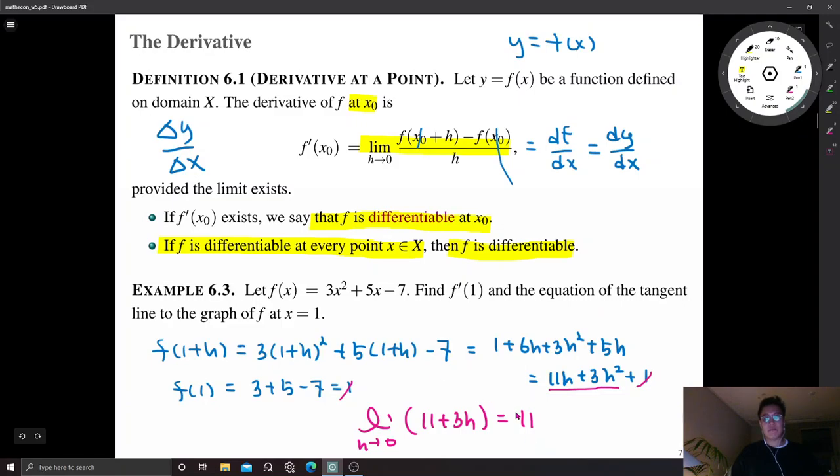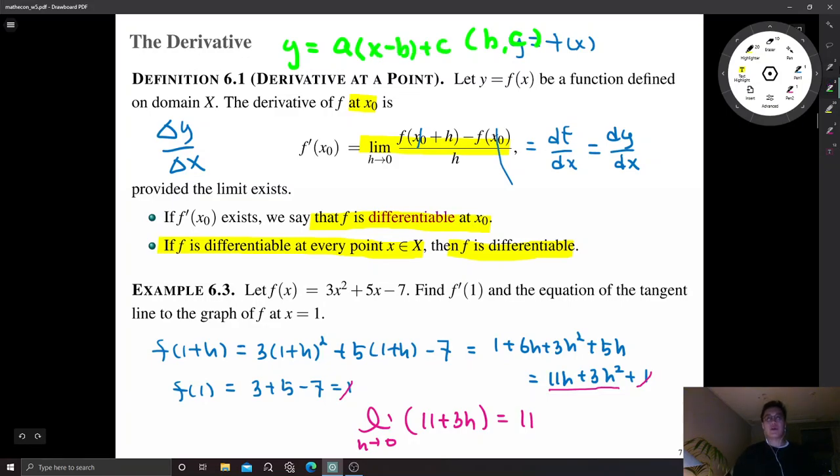Using this information, we can figure out the equation, because whenever a linear equation has a slope a and passes through point (b, c), then its linear equation is a times (x minus b) plus c.